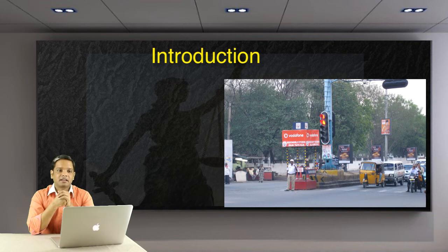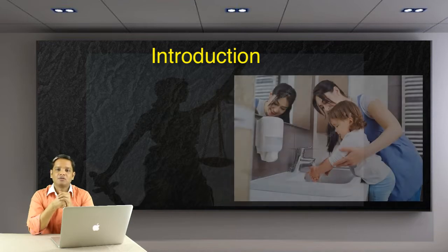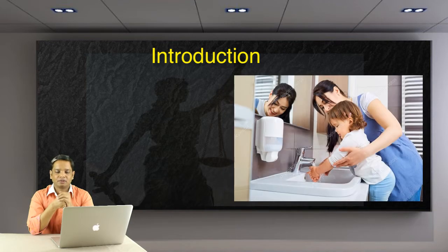And not only this, one more example I would like to share at this point in time: take the example of a child, one who was just born a few days ago.